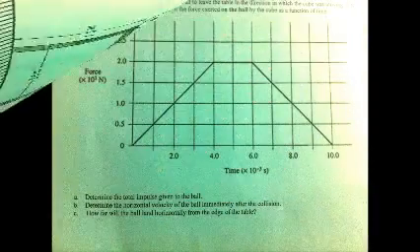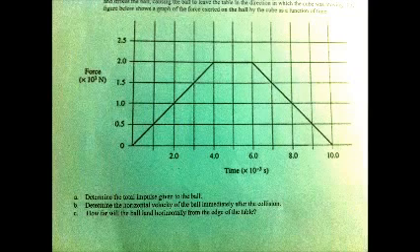And so the ball is given an impulse by the moving block, and this graph shows the total impulse given as a function of time. And we want to determine the total impulse given to the ball.